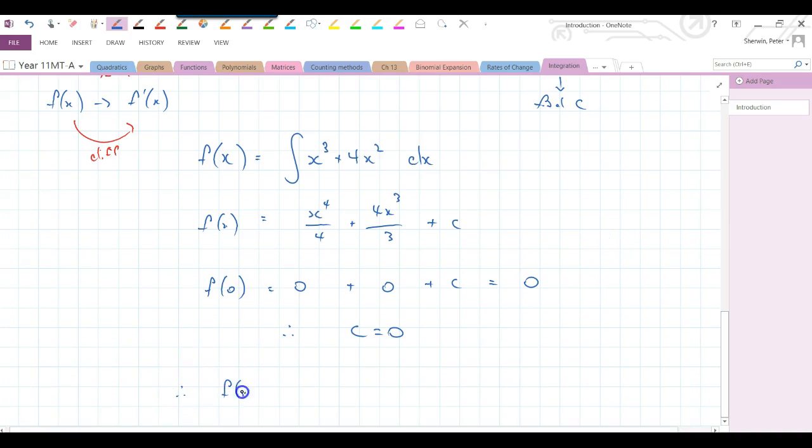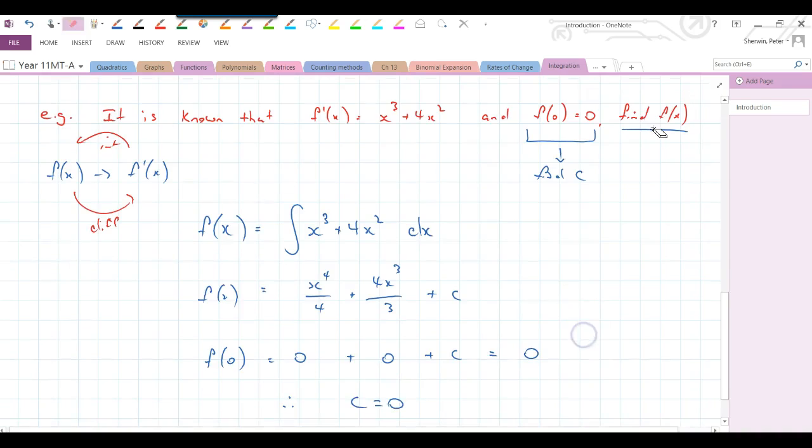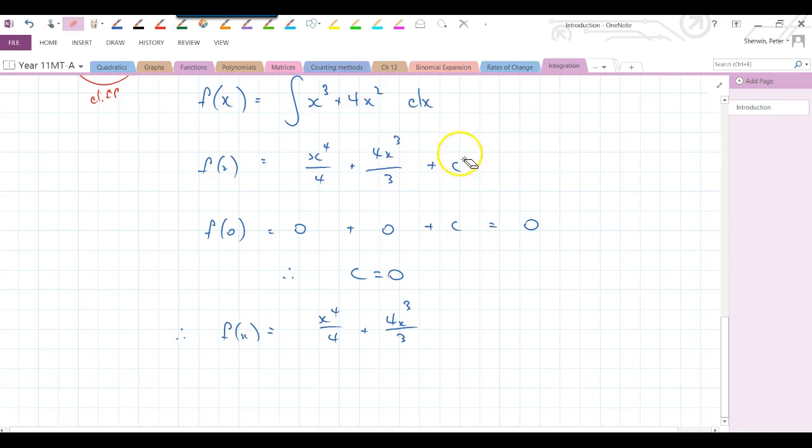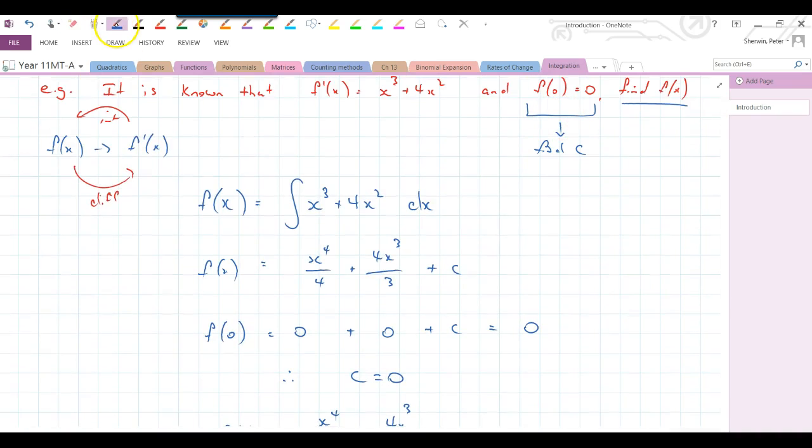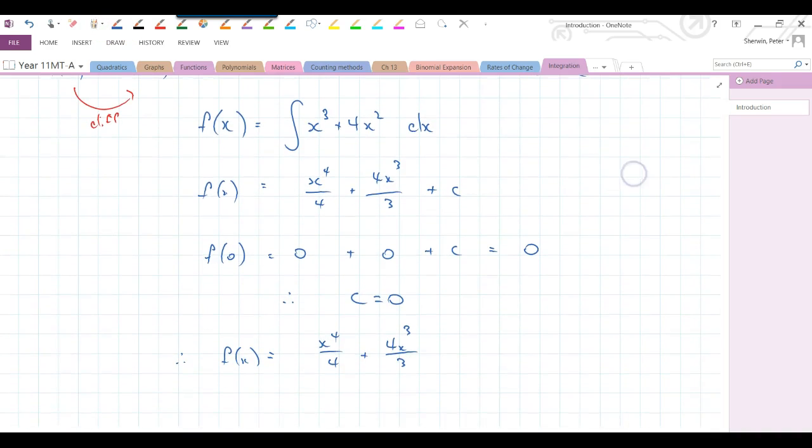So my f of x is equal to x to the 4 over 4 plus 4x cubed over 3 plus 0. I'm not going to write plus 0, I'm just going to leave it. Okay, so that's the end of the problem. I found f of x. So integrating, I've got a plus c, but now I had some information here to help me find out what that c was.